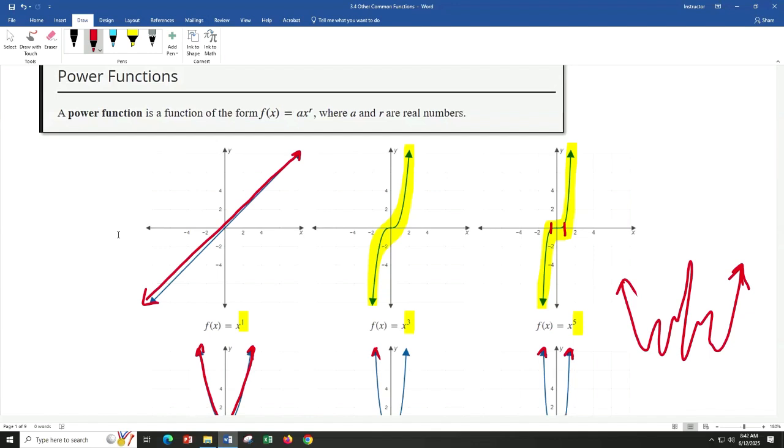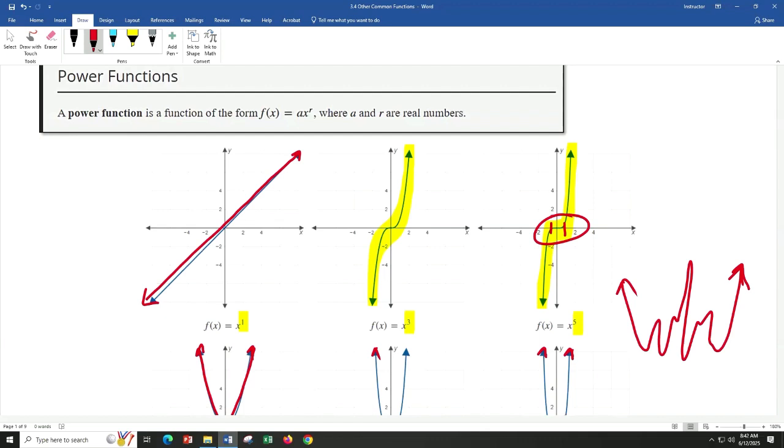A linear function will always create a line. A cubic function will always create this funky sideways S, or backward sideways S, whatever you want to think of it. As it goes up, this little section right here starts to flatten out longer and longer and longer.